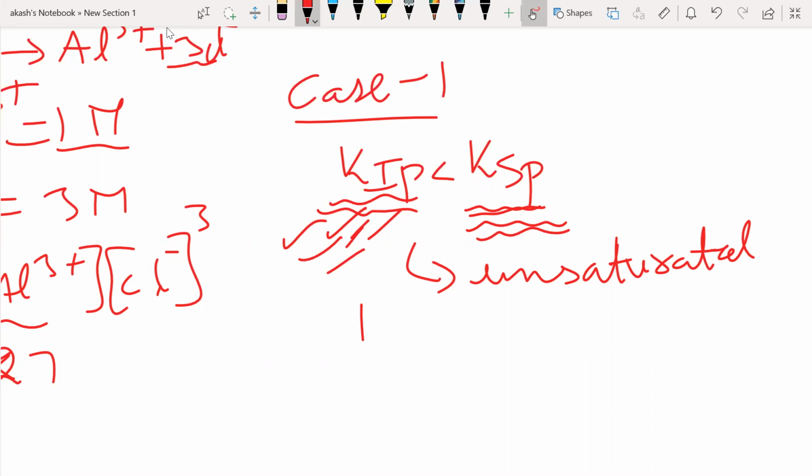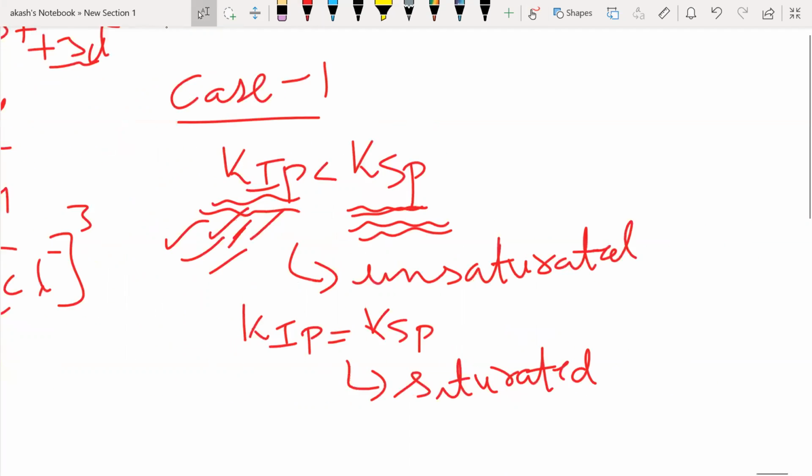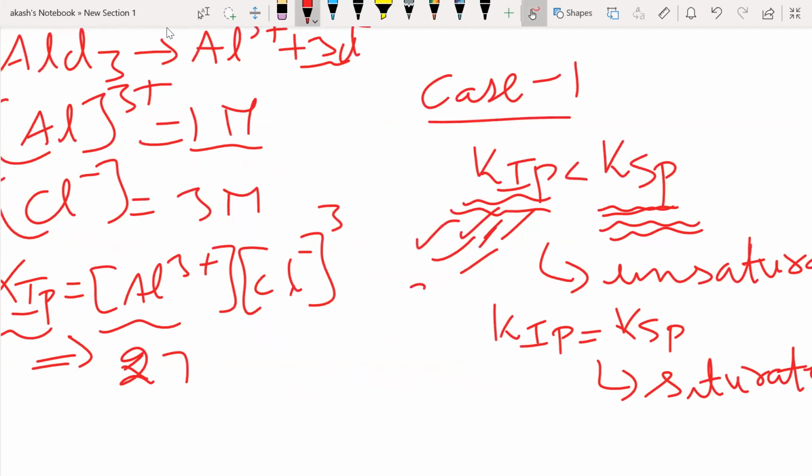If I find that the KIP and the KSP values are the same, then that's the saturation point. This is a saturated solution, no doubt. That is actually case 2. I should have mentioned it.